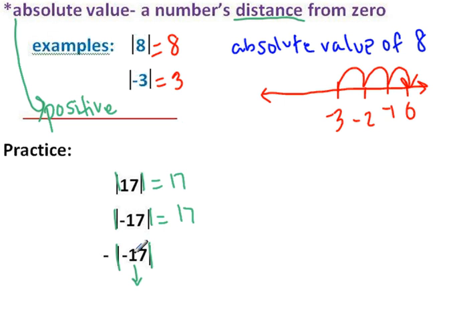The absolute value of negative 17 is 17, and I already knew that. I just did that problem right here. So what comes out is positive, but then this other negative sign comes down to join it for a final answer of negative 17. So to review, what comes out of absolute value symbols is always going to be positive, but that doesn't mean that every answer to a question is going to be positive. It's a little bit tricky.